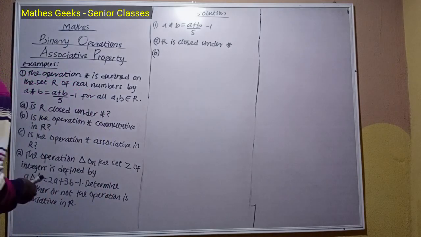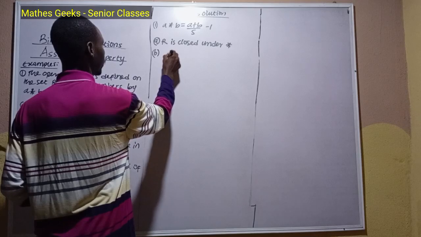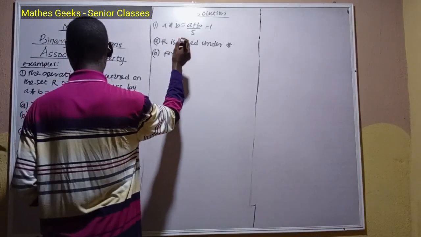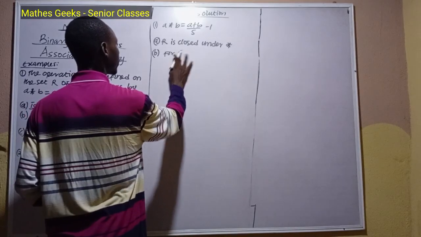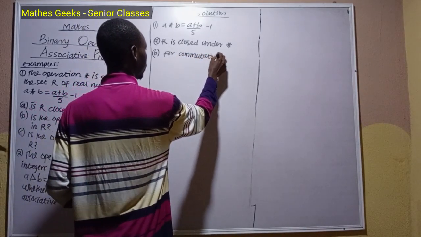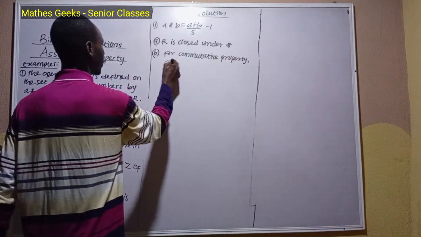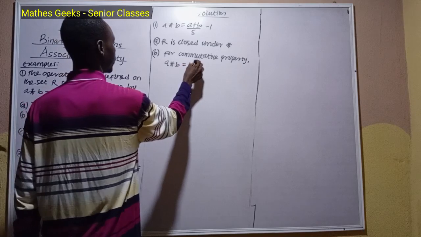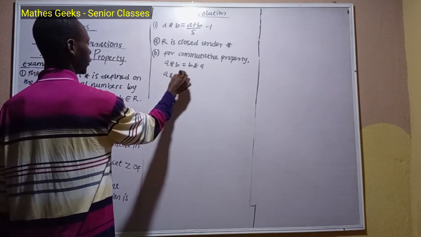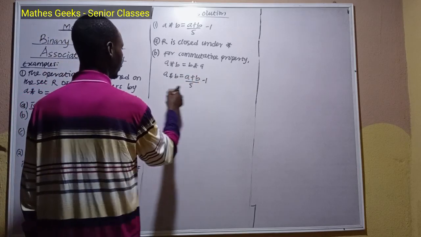Is the operation star commutative in R? For the commutative property, A star B is equal to B star A. A star B is equal to (A plus B) over 5 minus 1.